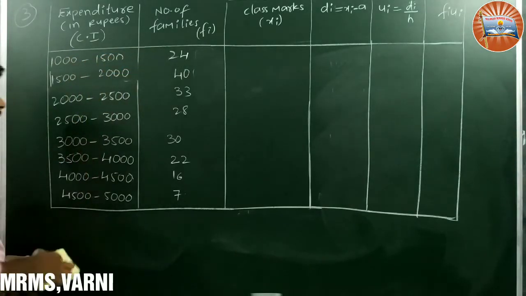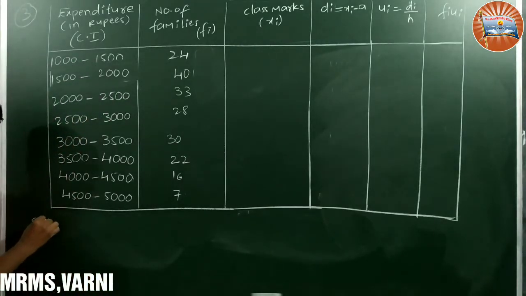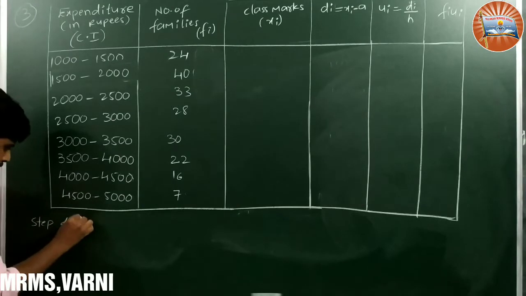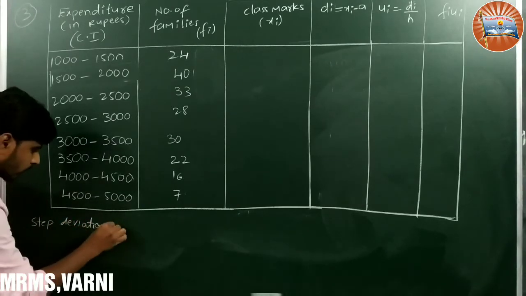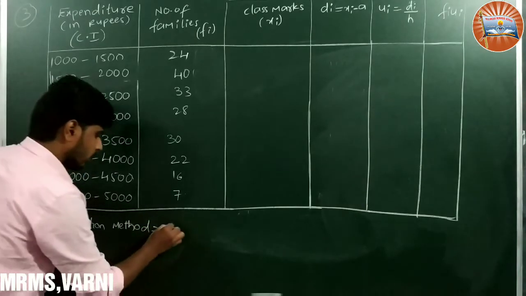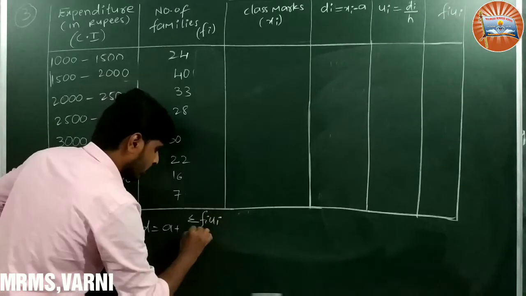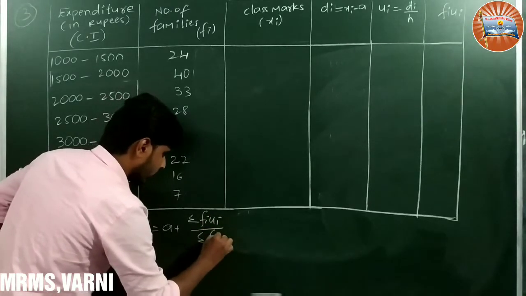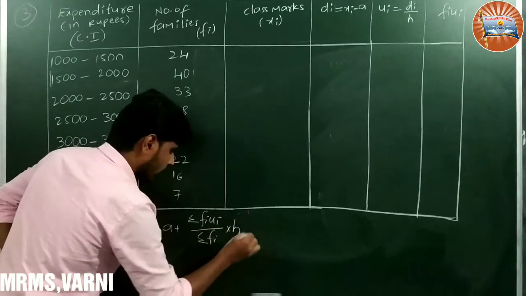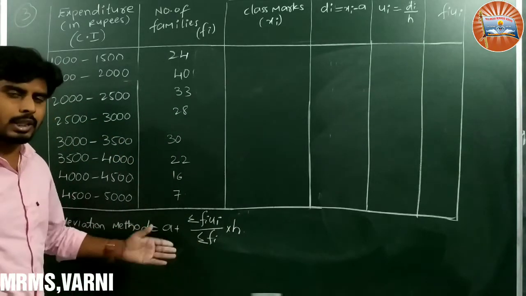So what is the formula for the step deviation method? Step deviation method: A plus sigma fi ui by sigma fi into h. Okay, this is the formula for mean in the step deviation method.